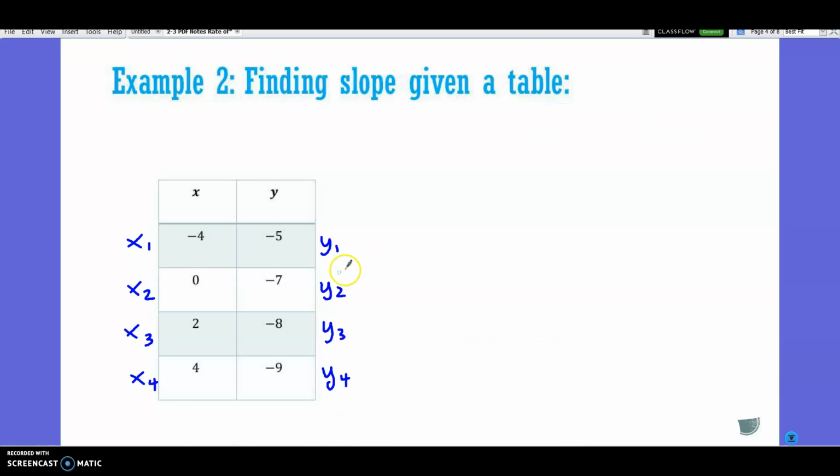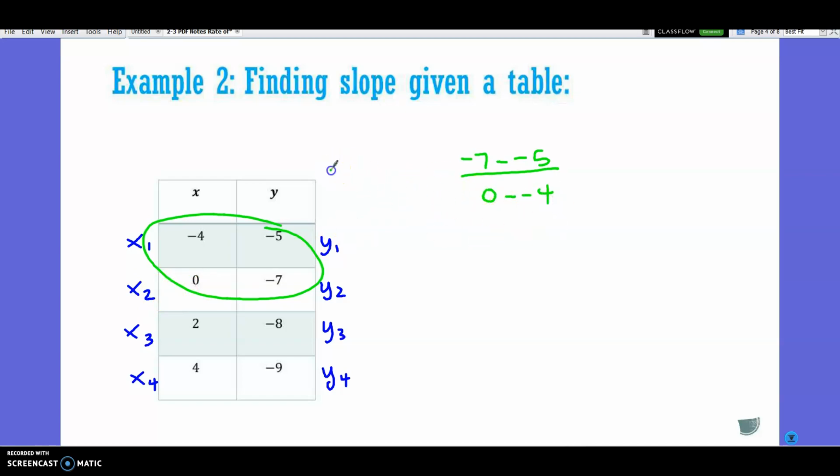So let's take the first two. Change in y, so y2 minus y1, negative 7 minus negative 5, over, and then I'm going to have to use x2 first as well. So 0 minus negative 4.